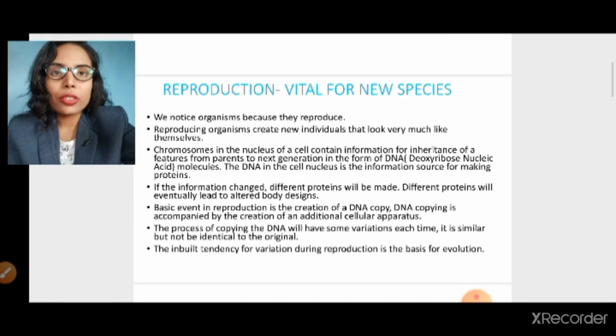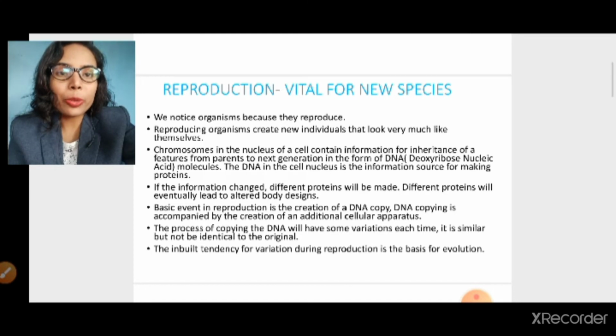As you look, you have 2 eyes, 1 nose, 1 mouth, 2 hands and 2 legs. This is due to inheritance, or the DNA information. But what happens if something changes in DNA? If the information changes, different proteins will be made. Different proteins will eventually lead to altered body designs.